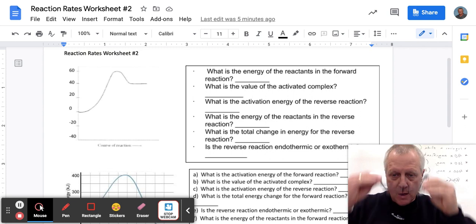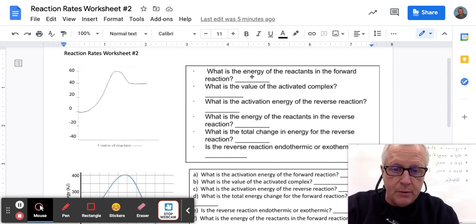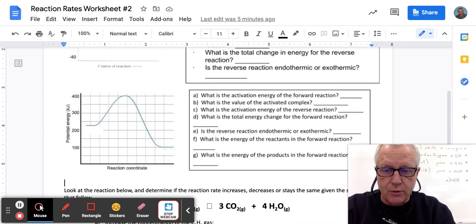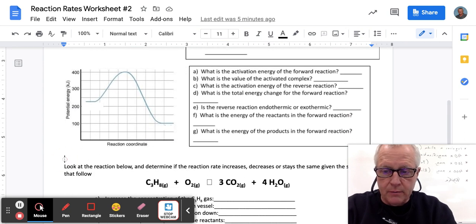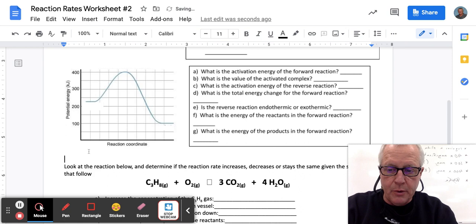Now, in this worksheet, you may not be able to put your answers in these boxes here. My suggestion is to drop down, hit your cursor there, and create yourself some room for putting your answers.